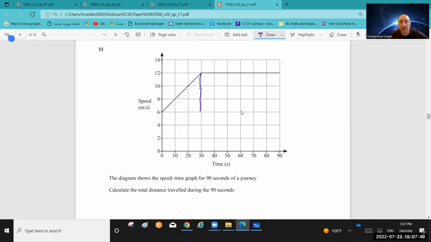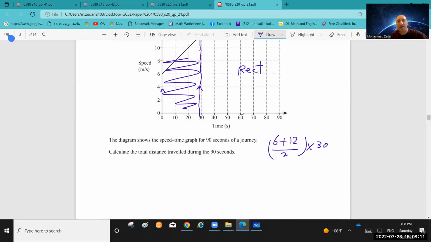You can divide it like this. So you have here a trapezium and this rectangle. The area of this trapezium is the sum of a plus b, this a is 6 plus the b is 12, over 2, times the height 30.